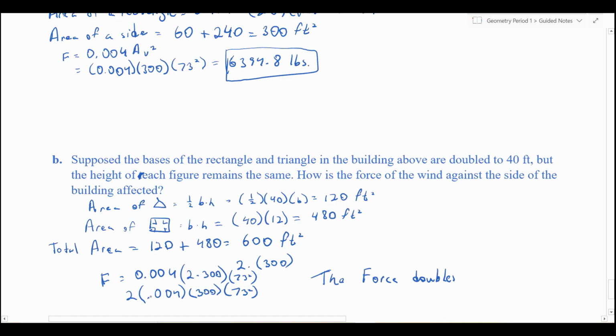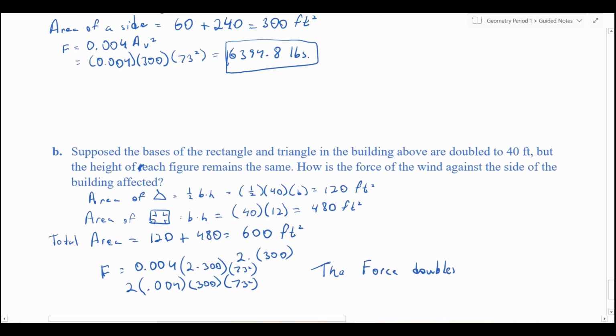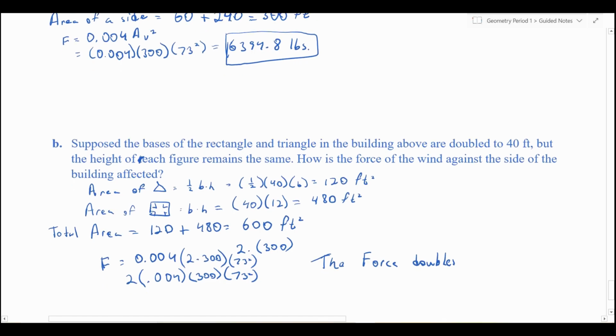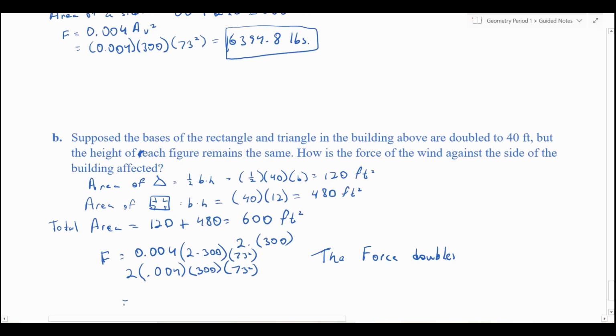And if you still have issues with that, you can still go ahead and calculate the area and the force, and the force actually comes out to be 12,786.6 pounds.